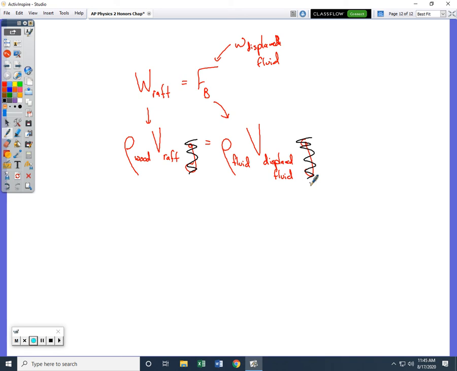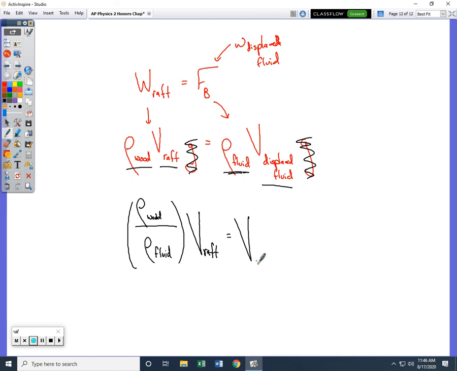Then, like I was saying, we know that since the density of the wood is smaller than the density of the fluid, that kind of relates things. What it basically boils down to is if you take the density times the volume of one thing equal the density times the volume of the other thing, this is actually another way to go about it. So we could actually find a percentage if I bring this density of the fluid over. So I'll take the density of the wood, which is our raft, divided by the density of our fluid, and then the volume of the raft itself.